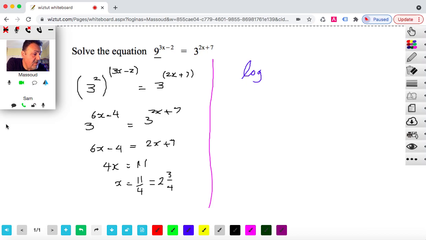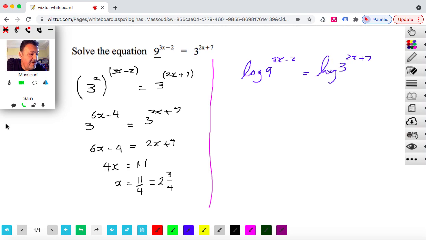So it'll be log of 9 to the power of 3x minus 2, and that will be equal to applying log to the other side of the equation, so log of 3 to the power of 2x plus 7. Both of them are base 10.